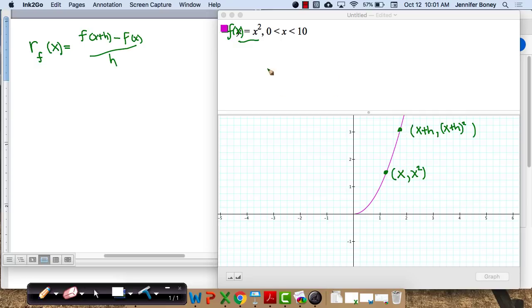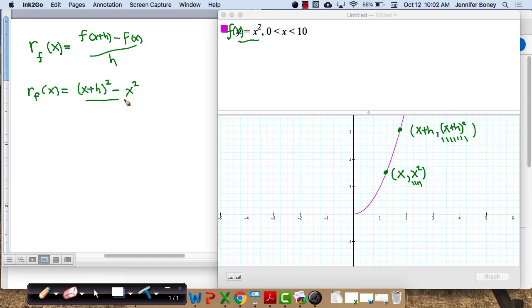But with this particular function f, I can say r sub f of x is, well, here's my f of x plus h, so x plus h quantity squared minus f of x. So these are just the y coordinates, or the expressions for the dependent variable at the beginning and end of this general interval here.